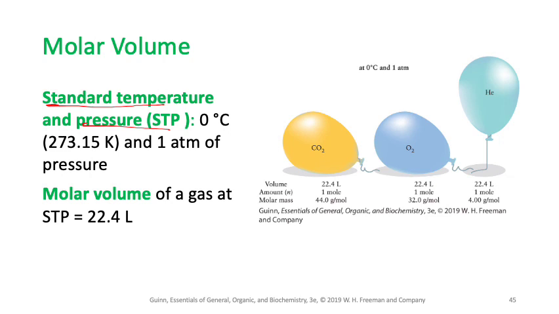That standard condition is standard temperature and pressure. The standard condition is 0 degrees Celsius, or 273 Kelvin, for the temperature of the experiment, and the pressure we take as 1 atm. So that means we are doing an experiment under STP, standard temperature and pressure, right?